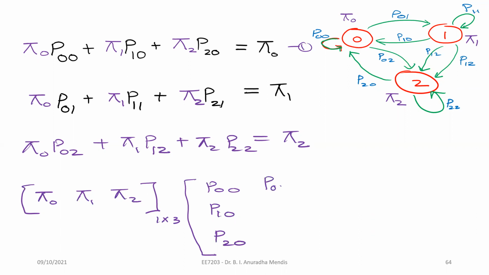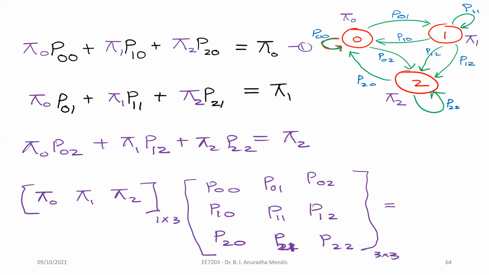So this is P01, this is P11, this is P21, then P02, P12, P22. So this is a 3 by 3 matrix.